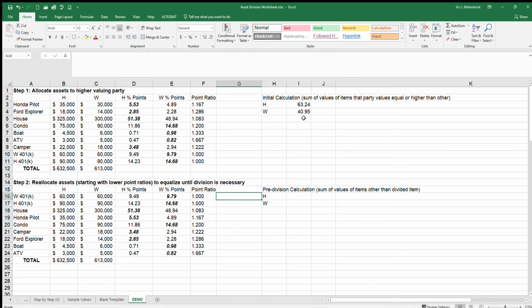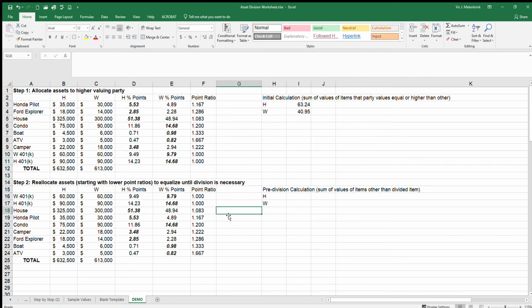Since I'm going to need to give more assets to wife, I need to find the lowest point ratio, meaning the item that they're closest to in value, that is not going to wife. Wife's already getting her 401k, she's already getting his 401k, but she's not getting the house. So the house is the item that we have to divide, because that's the lowest point ratio item that is going to the person who needs to get more assets.